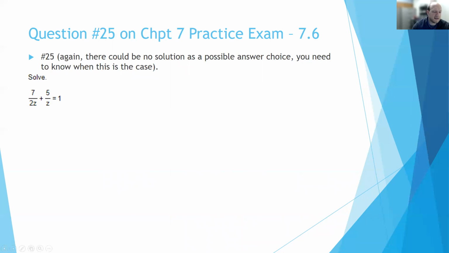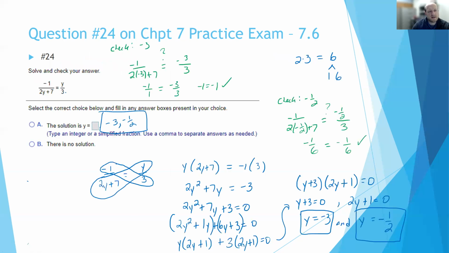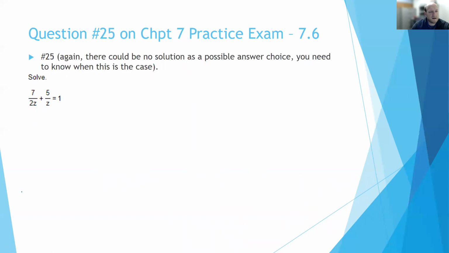And I could have done that here. I just think my method was a little bit easier. Okay, so this method you could have used in the last problem, but basically what you want to do is you want to get an LCD. So our LCD here is what? Well, it's just 2z because I have a 2 times a z, I have a z, and then this is 1 over 1. And the LCD of all those is just 2z.